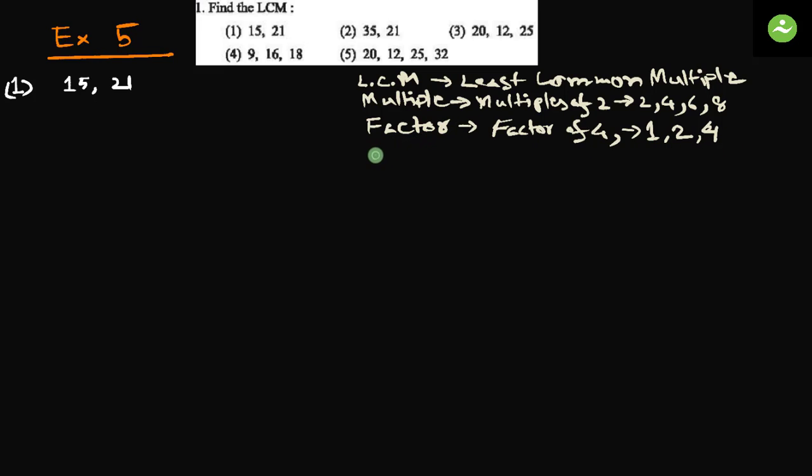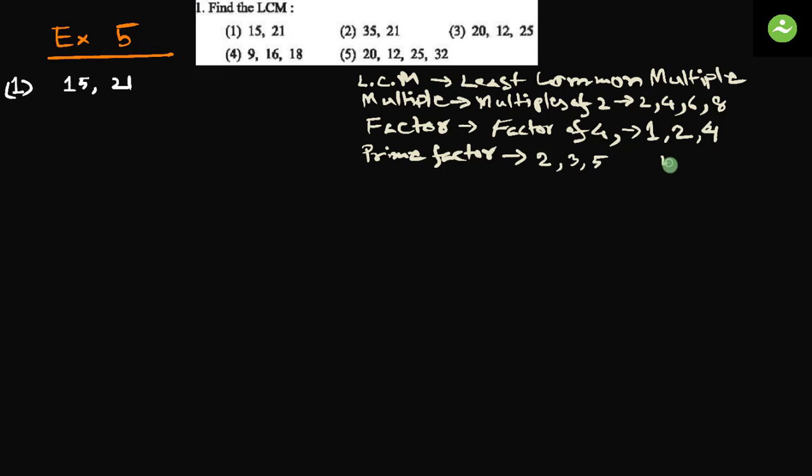And what is a prime factor? Prime factor means the factors that can be divided only by the number itself or 1. For example, 2 is a prime factor, 3 is a prime factor, 5 is a prime factor. Why is 5 a prime factor?